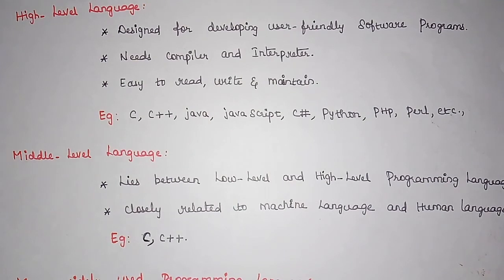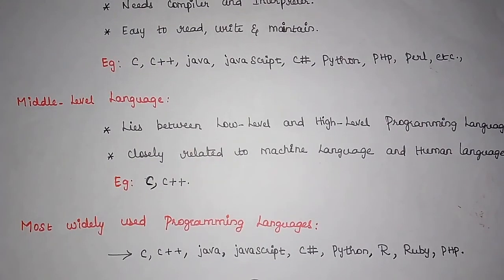And there are some programming languages which are widely used nowadays. This is the list of the most widely used languages: C, C++, Java, JavaScript, C#, Python, Ruby, R, PHP, etc.